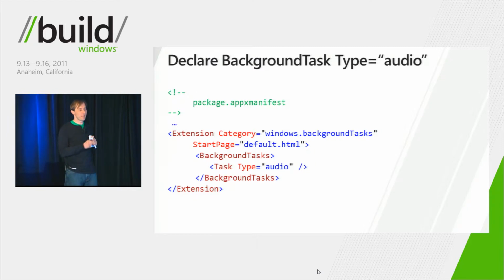We look at the information from the manifest and check whether you actually have a background task. If that background task is audio, then we'll start looking at the media element and the sessions that you have going on there. If any of them are currently playing and of those three background types, then you can live on. Otherwise, you'll be suspended.